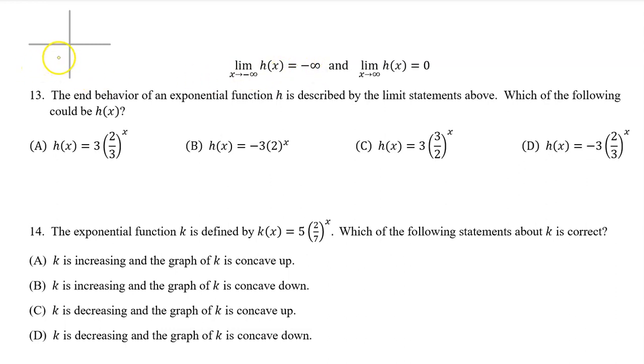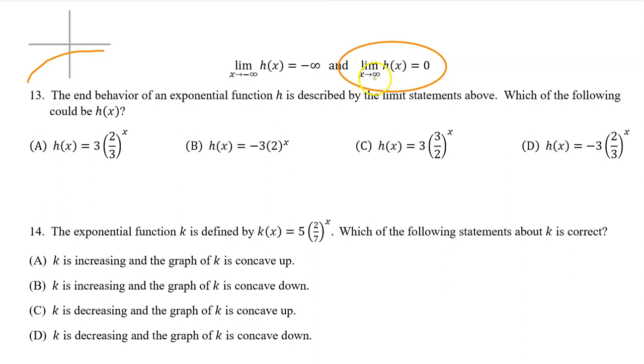So I know that as we move towards the left, the function must be falling. So the left end behavior has to be like this. Because I know it's an exponential function, I know the x-axis is an asymptote. So I automatically drew it in such a way that it satisfies the other end behavior.